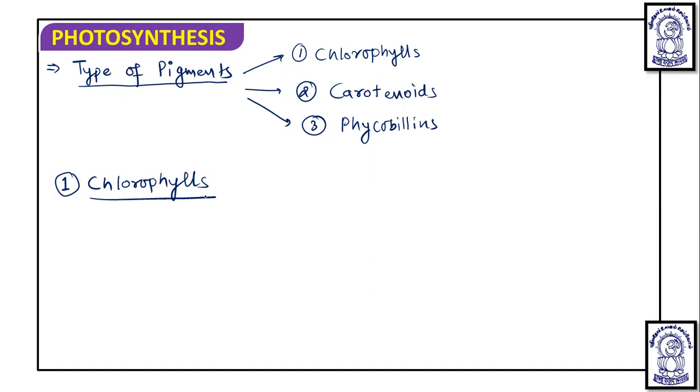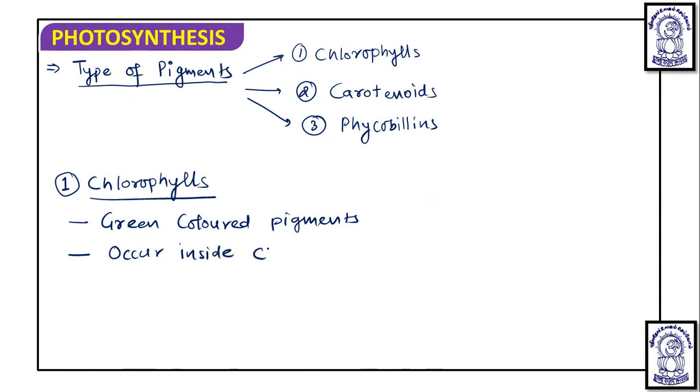Now when we discuss the chlorophylls, dear student, they are a green color pigment and they occur inside chloroplast. Obviously, when we talk about the chlorophylls, they are green colored pigments, and these chlorophylls occur inside chloroplast.